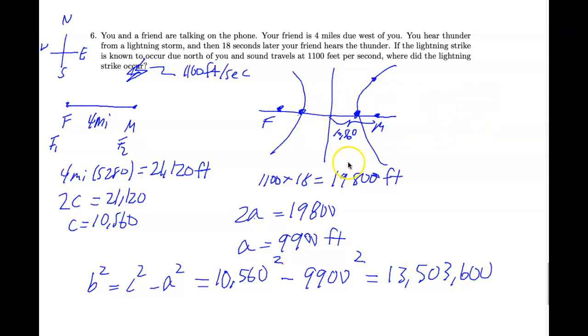So what we can do from here is write the equation of the hyperbola. It would be x squared over a squared, minus y squared over the answer we just got, and it equals 1.